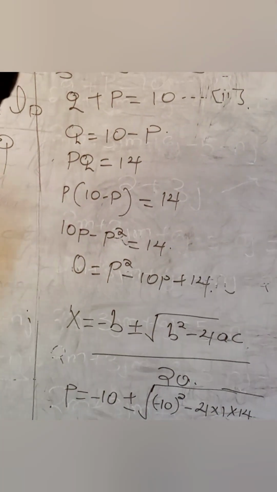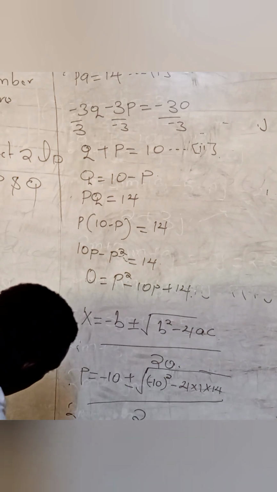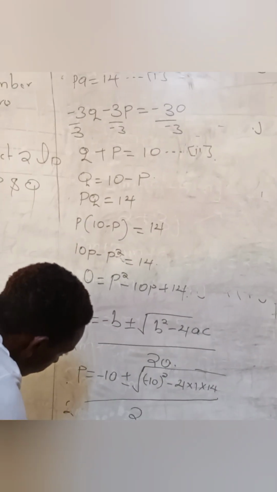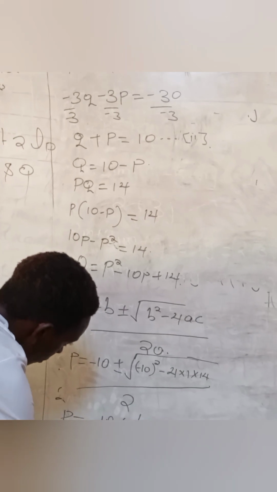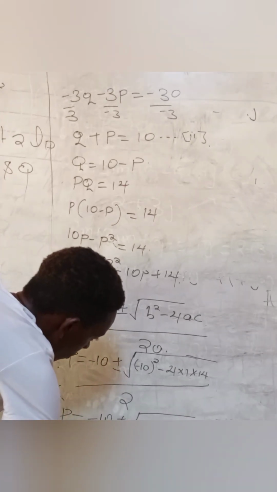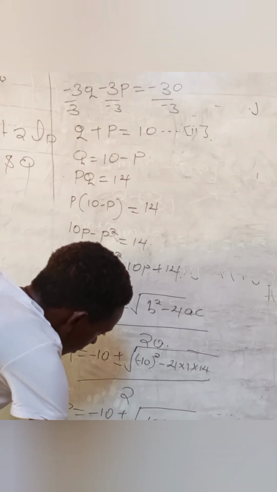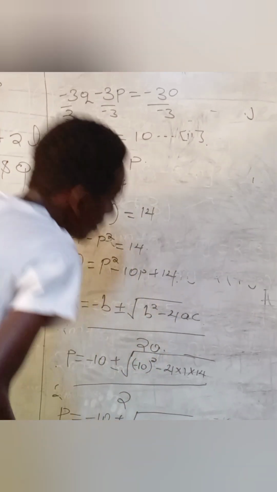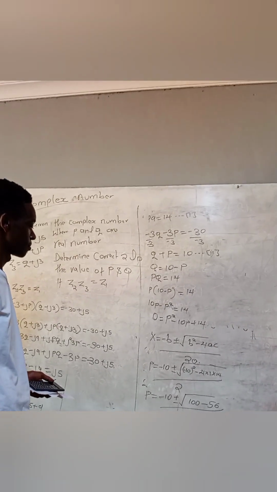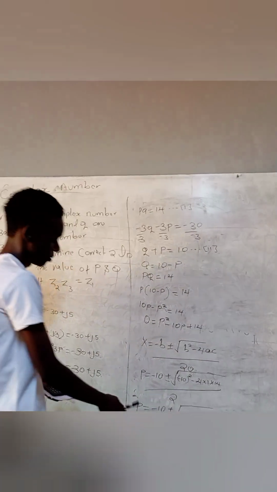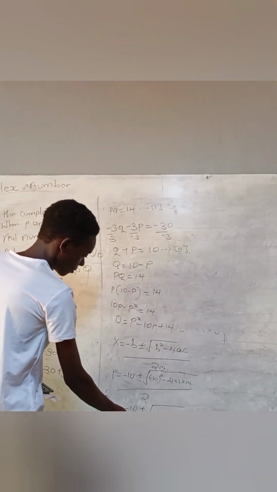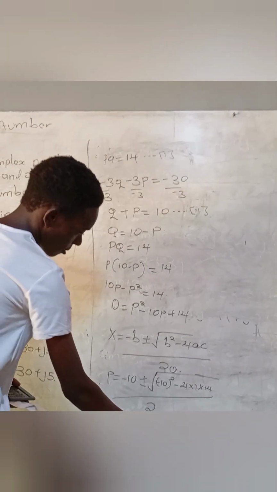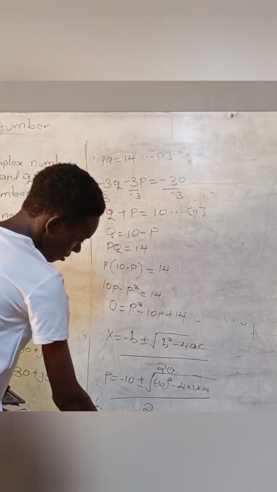So from this I will have p is equal to 10 plus or minus the root of 100 minus 56, all over 2.